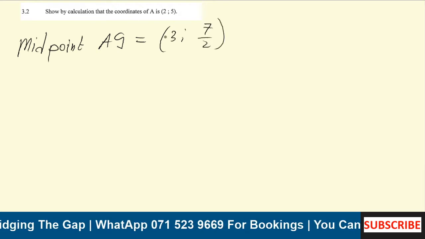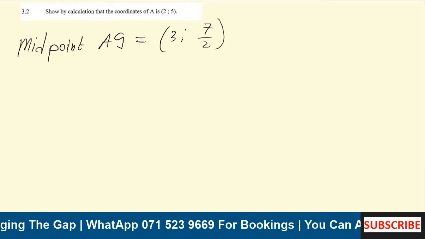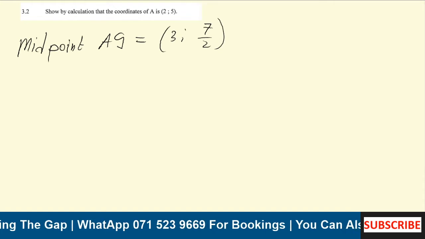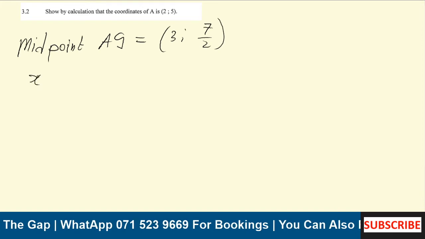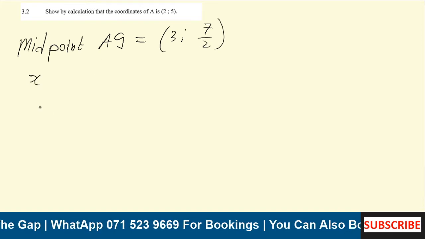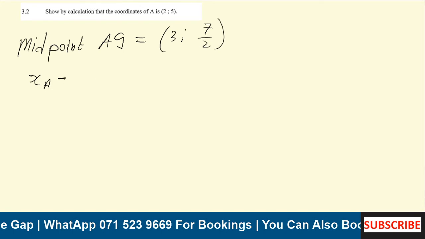The midpoint of AG is equal to 3, 7 over 2, which is the coordinates of F. Now the coordinates at the midpoint, the x coordinate would be calculated this way.